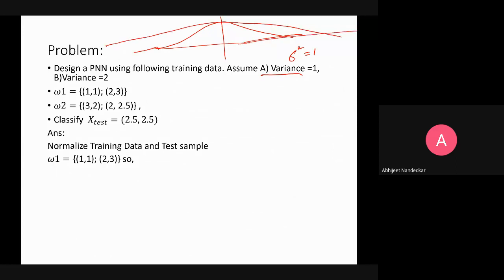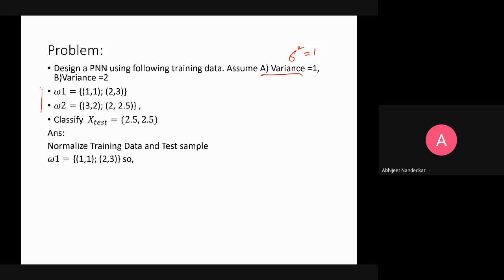So depending on the width, your spread will increase. Let us say sigma square equal to 1, and I have 4 training samples. 2 belong to omega 1, 2 belong to omega 2. Okay, the question is to classify X test 2.5, 2.5.